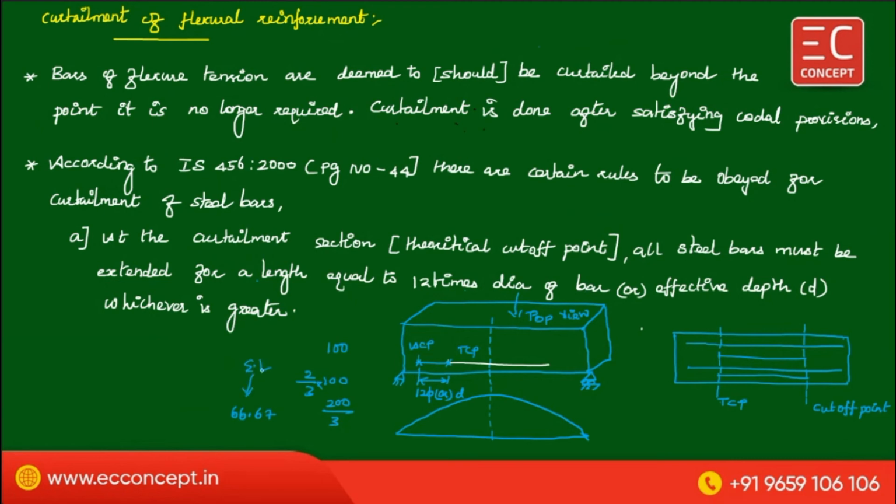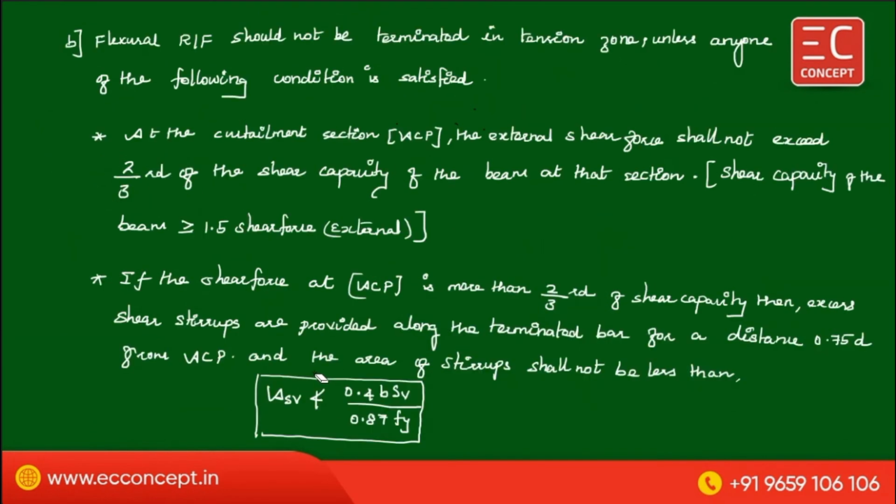You should not allow the load to be more than 66.67. That is the meaning. So at the curtailment section, the external shear force shall not exceed two-thirds of the shear capacity of the beam at that section. Next one.